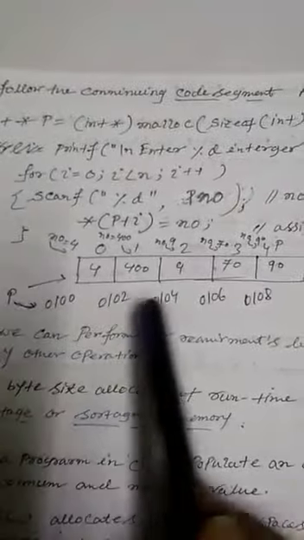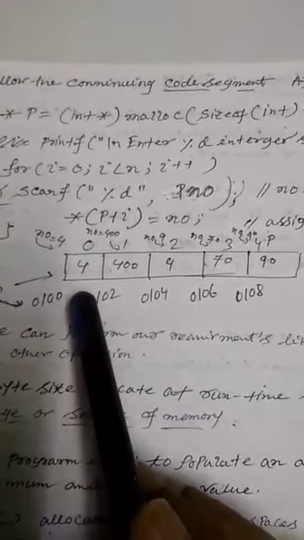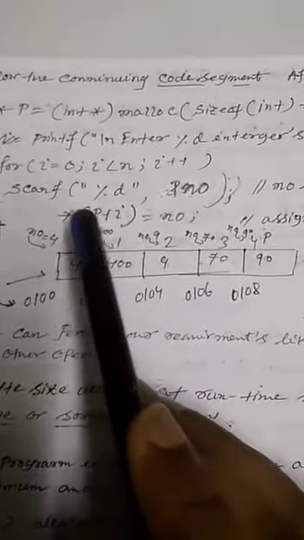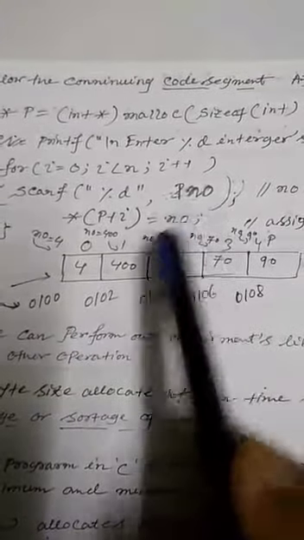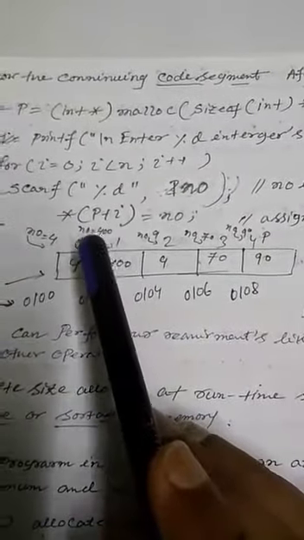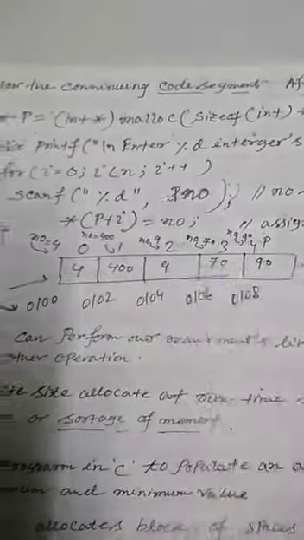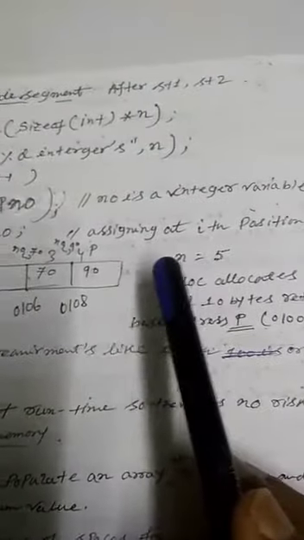Like in this example, p is a contiguous memory allocation starting with base address 1000, and the first time we are taking 4, then the next time we are taking 400, and like this. So we can understand how runtime memory allocation is effective.